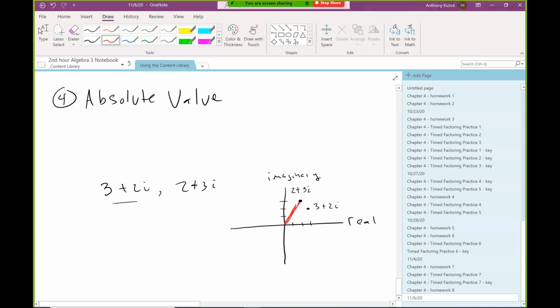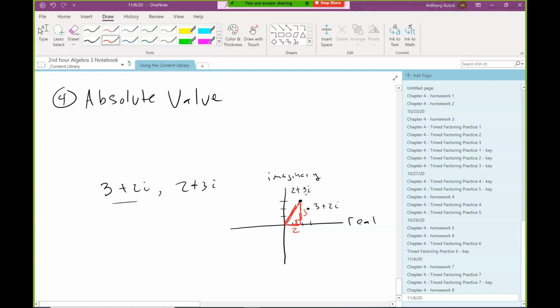And how do I find the third side of a right triangle? Oh, you did it last year so many times. This is the one thing from geometry no one should have forgotten. The Pythagorean theorem. Yes, a squared plus b squared equals c squared.